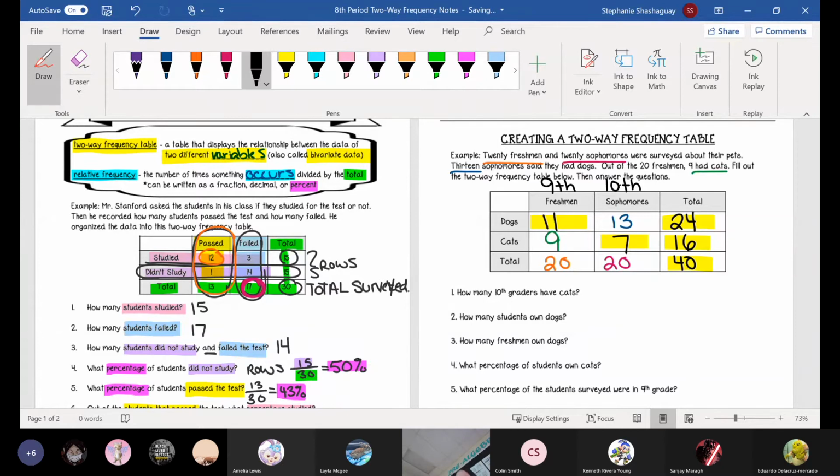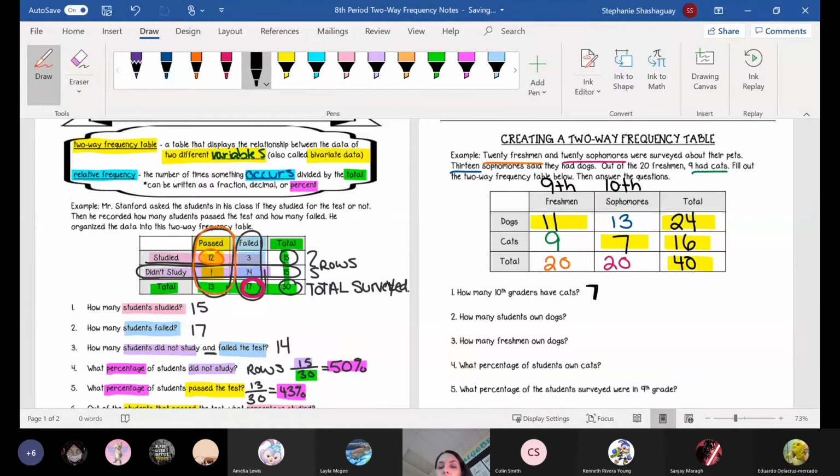So now we need to look at these questions and answer them based on the table we filled out. So how many 10th graders have cats? I'm sorry, I can't hear you. No, how many 10th graders, so sophomores, how many sophomores have cats? 7.